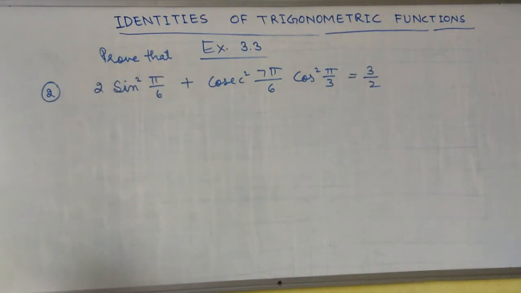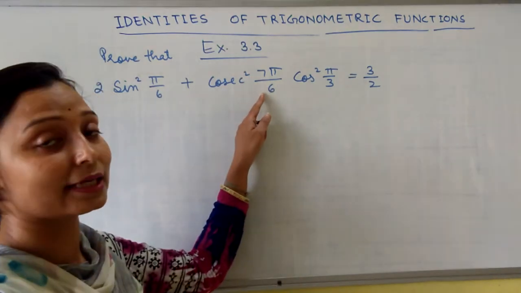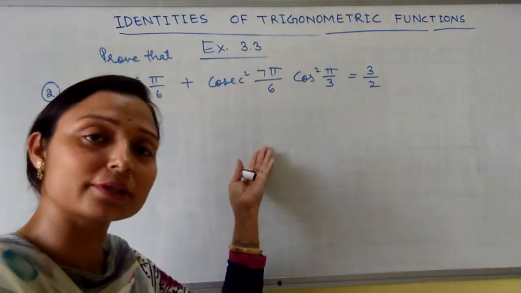This is a greater angle, not from that table. We have to reduce this angle, and after reducing we will put the value.